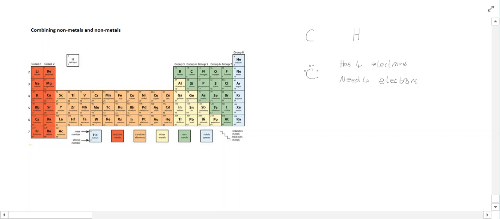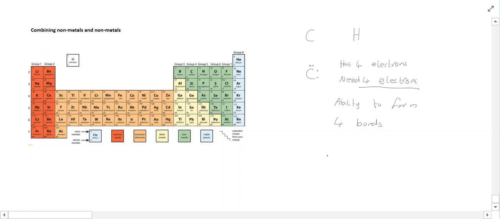Well, if it needs 4 electrons, it has the ability to form 4 bonds. So it can share 4 electrons with another atom, or it can share electrons with 4 other atoms.